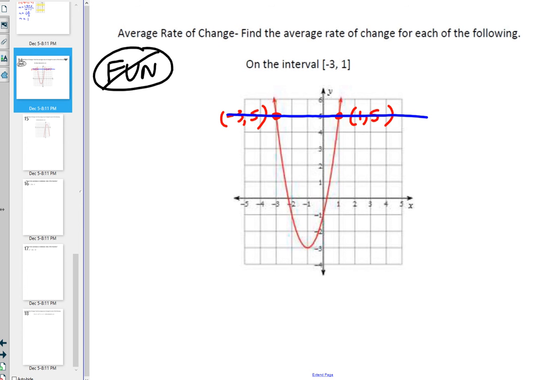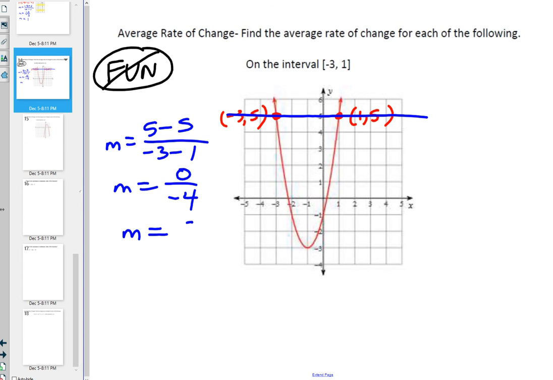What's the slope of any horizontal line? 0. It is 0, but let's confirm it anyways. 5 minus 5 over negative 3 minus 1 gives you 0 over negative 4, and 0 divided by anything is 0.